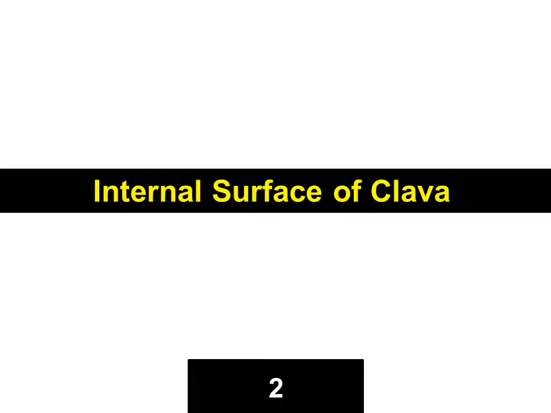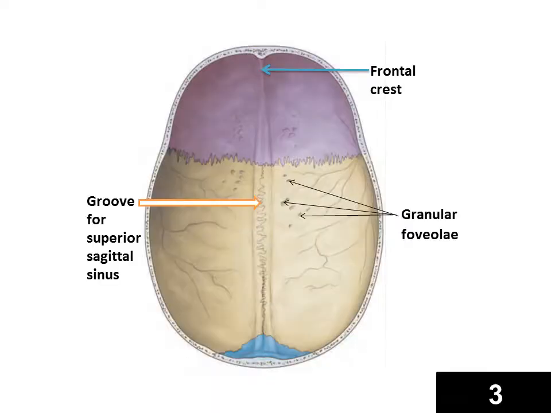Internal surface of the skull cup أو clava. هلا internal surface of the clava أو skull cup consists أولا this groove which is indicated by the اللون البرتقالي السهم. هذا groove which is wide one for superior sagittal sinus start from the upper end of the frontal crease اللي مأشر عليها بالسهم الأزرق and end at the internal occipital protuberance, usually turn to the right where it become continuous with the right transverse sinus.